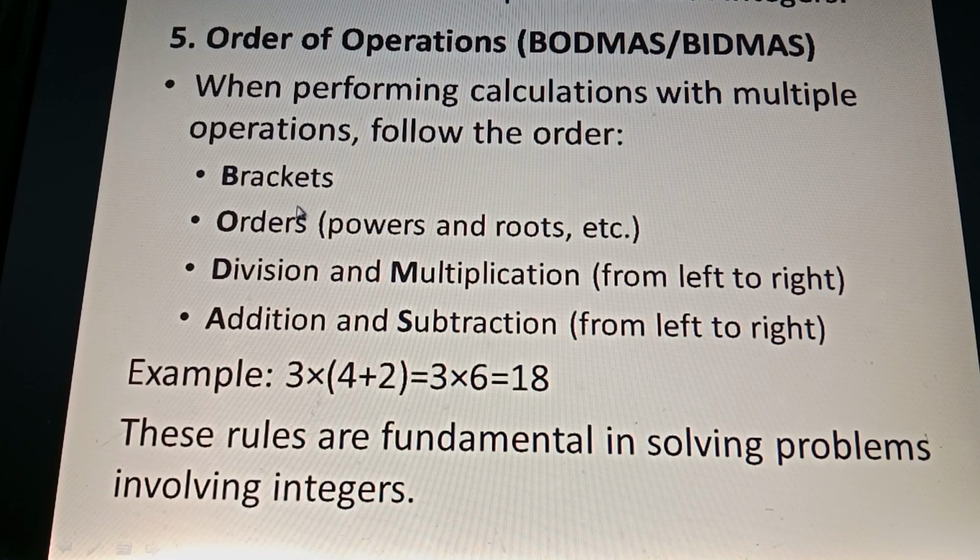You start with brackets, then you come to the orders, which are powers or roots, then division and multiplication from left to right, addition and subtraction from left to right. Example, 3 times 4 plus 2 is equal to, brackets first, 3 times 6 is 18. These rules are fundamental in solving problems involving integers.